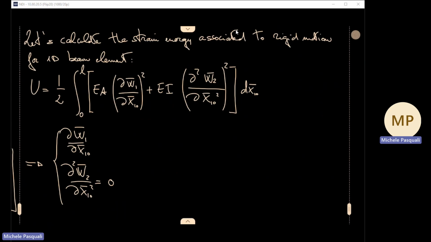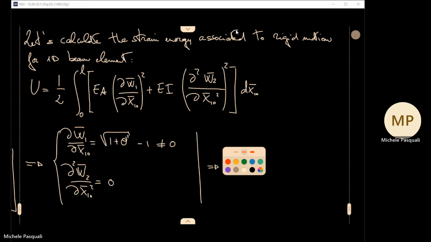But this term here, which is associated to the first order derivative of W, well, I'm afraid it's not. If you do the derivative, you get this, which is different from 0. And therefore U is different from 0, or is non-constant.